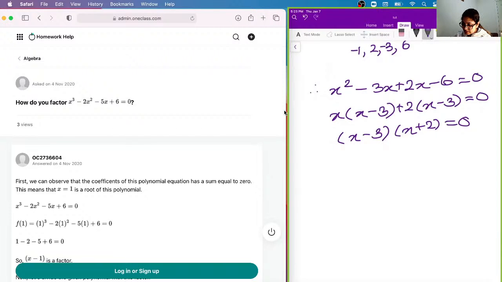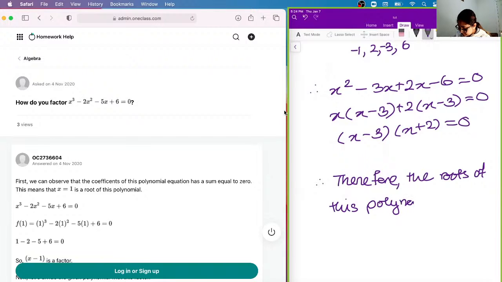And so lastly, we can say, therefore, the roots of this polynomial equation are x equal to -2, 1, and 3.